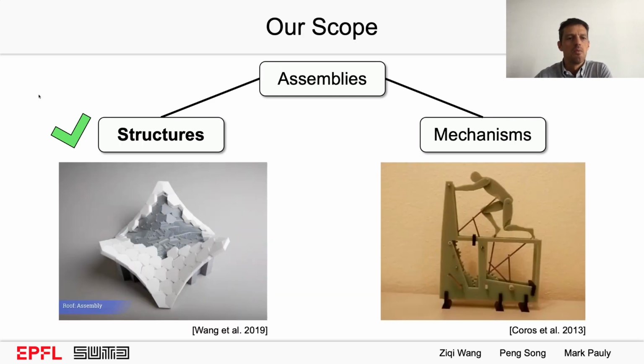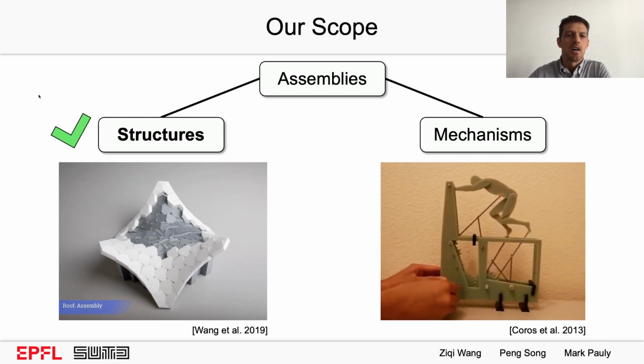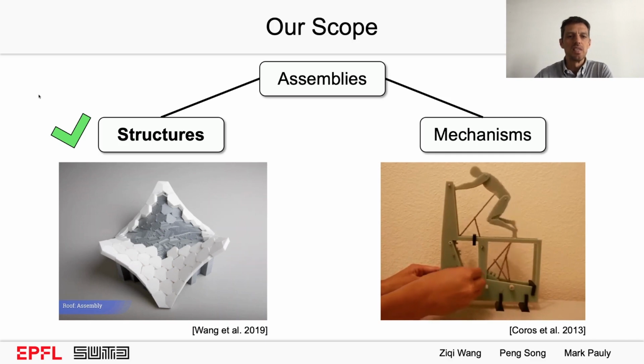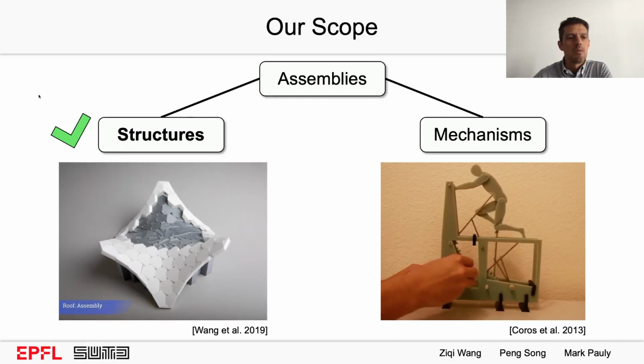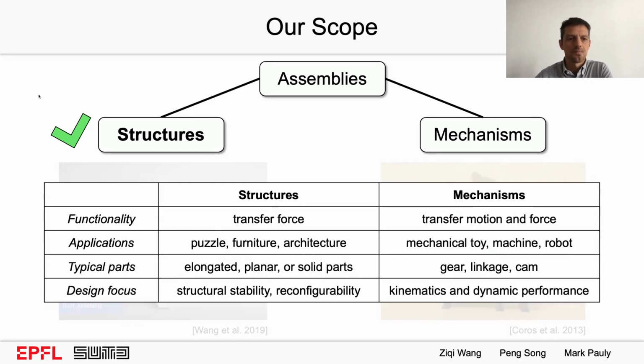And finally, we will focus on structures as opposed to mechanisms. As you see here in this video on the right, a core aspect of the functionality of this assembly is the kinematics, the motion that is generated by the assembly. Our focus will be on assemblies that can be considered as static structures.